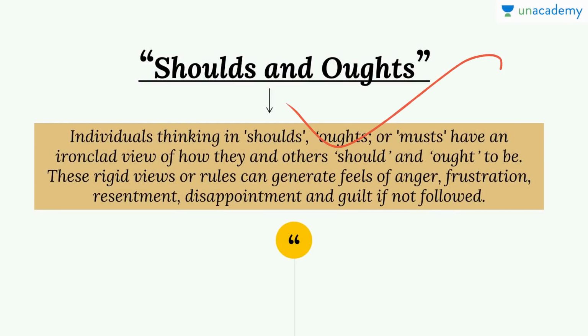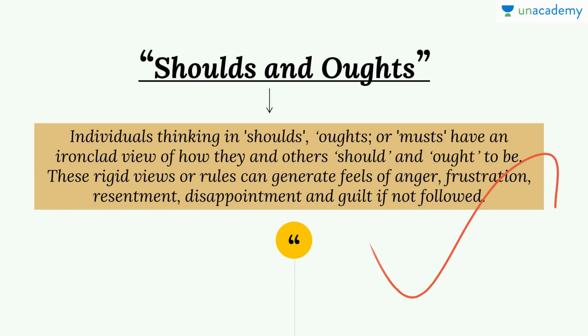The first one is shoulds and oughts. Individuals thinking in shoulds, oughts, or musts have an ironclad view of how they and others should and ought to be. You form a stringent thought and opinion in your mind about how other persons should be, how they should behave with you, how everything should happen.